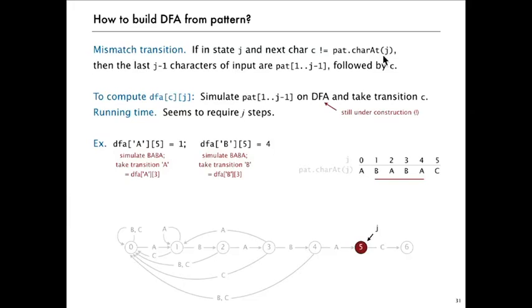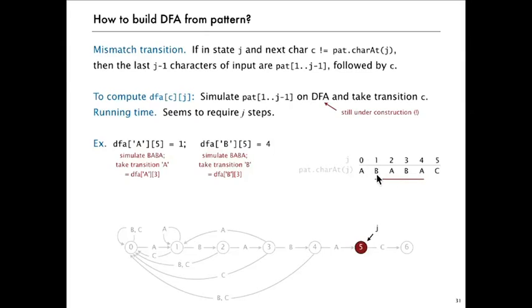As pointed out at the beginning as motivation for Knuth-Morris-Pratt, you know a lot about the text at that point. You know that the last J-1 characters of the text are, if you lop off the first character of the pattern, from 1 to J-1. And then it's followed by the text character that you're looking at.